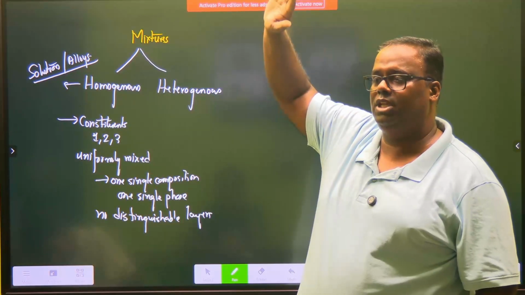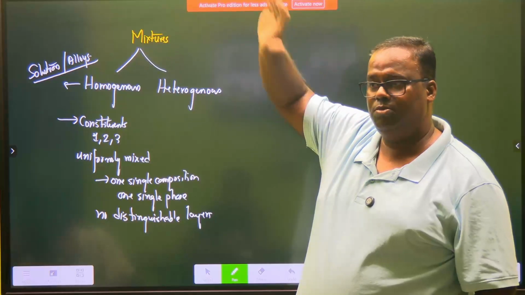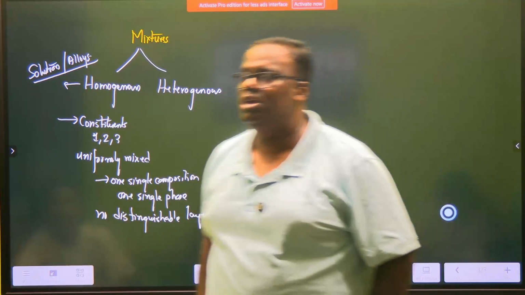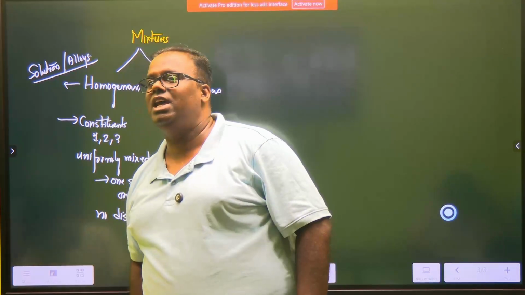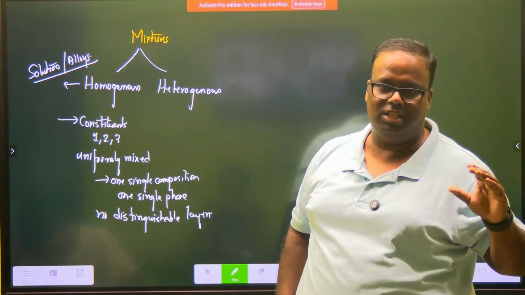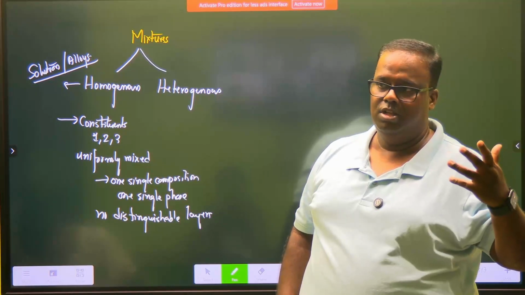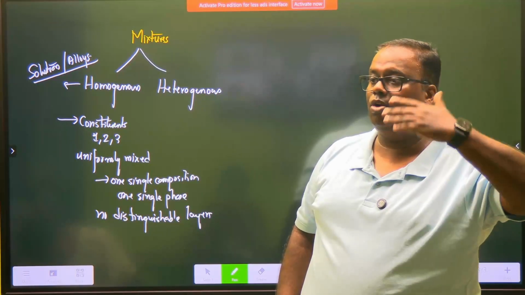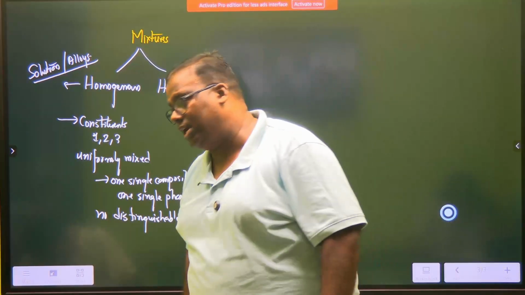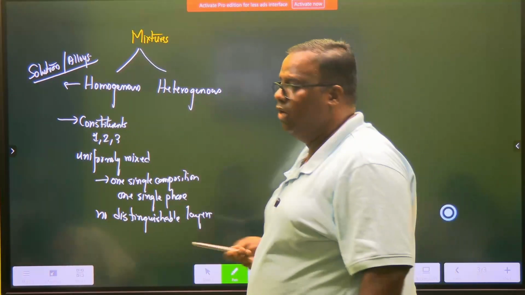You will see it in one phase, either in solid or in air. Like air is a homogeneous mixture. Can you see air? No. But in that air, can you tell how much is oxygen and how much is nitrogen? You can't say that. So it's a homogeneous mixture. In one composition you will see, or in one phase, either in solid phase or in liquid phase, right?